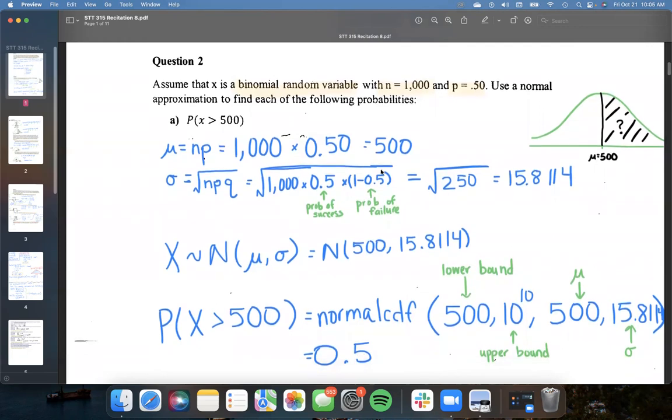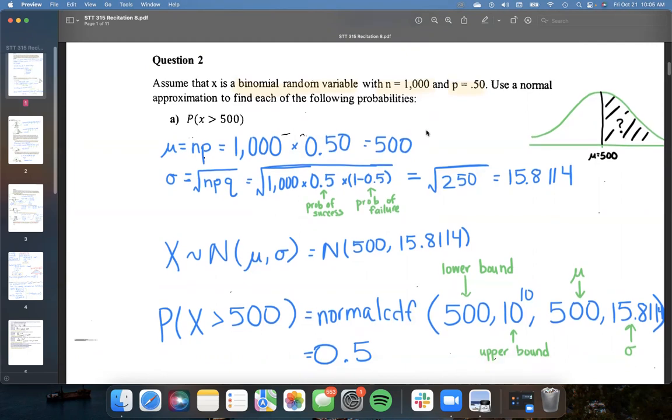That is what I would expect because 500 is our mean, so the area under the curve from that point onward should be exactly half the area under the curve. This is the normal density, because we're doing normal approximation.